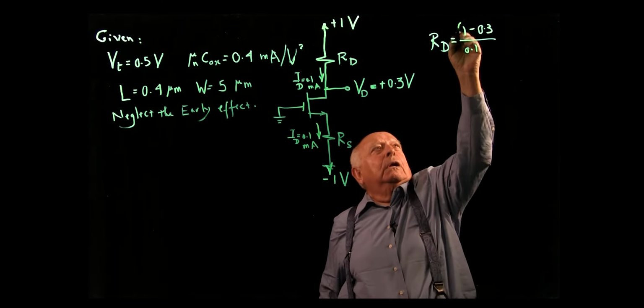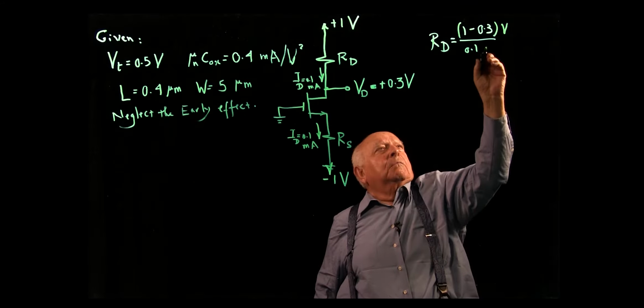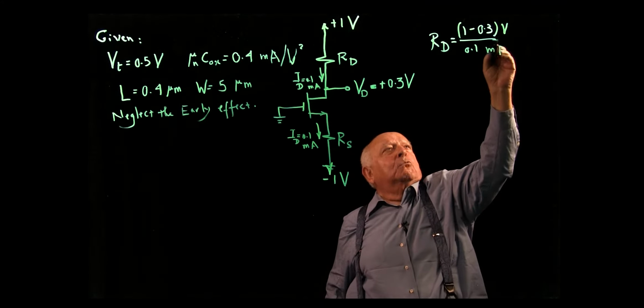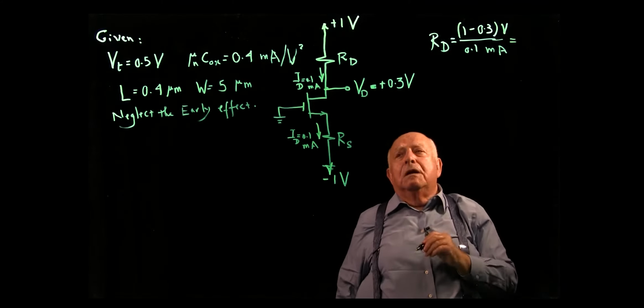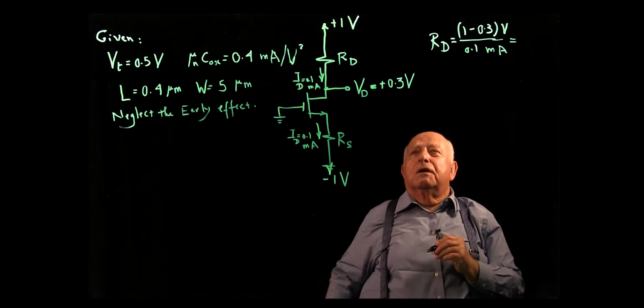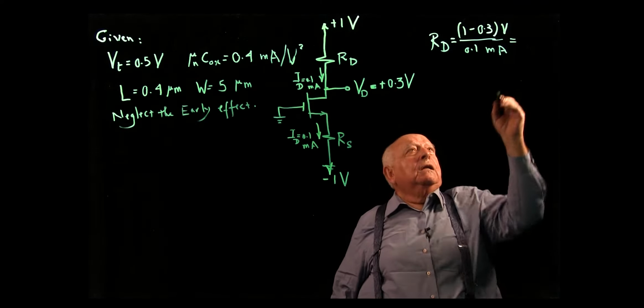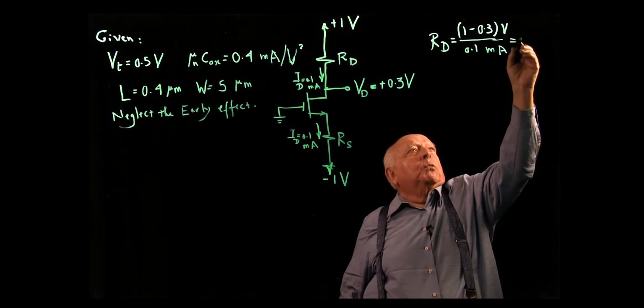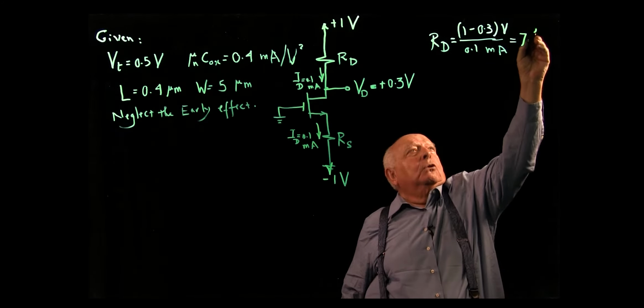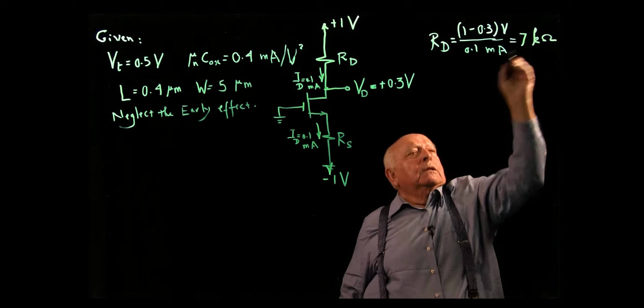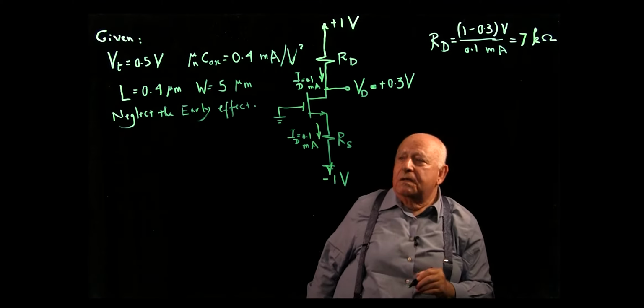That's in volts, that's in milliamp, and that will give me the first answer, RD, namely 0.7 over 0.1, that's 7 kilo ohm. So here we go, very simple.